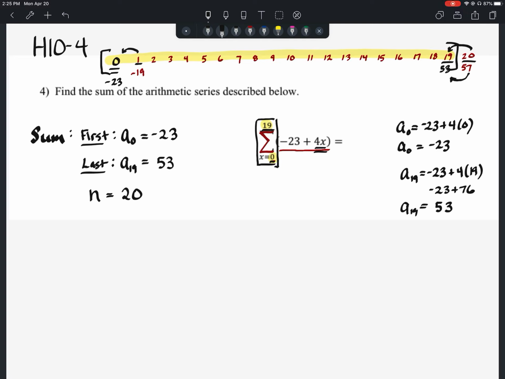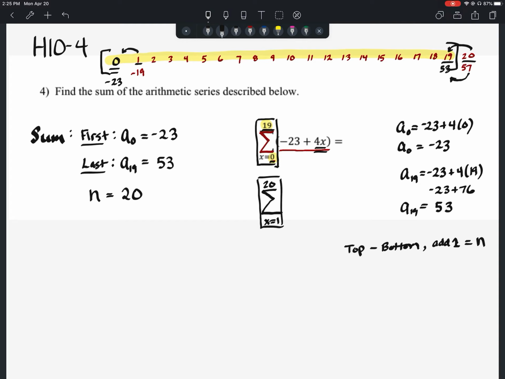Yesterday, I think in problem number 3, we had a 20 on the top and a 1 on the bottom. Well, here's the little trick. If you just do the top number minus the bottom number and then add 1 to it, it will equal your number of terms.